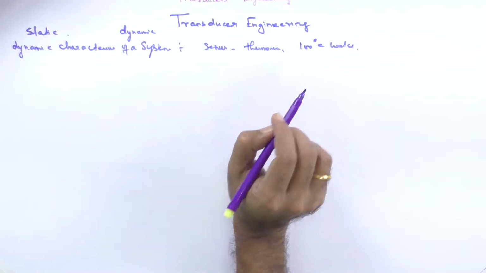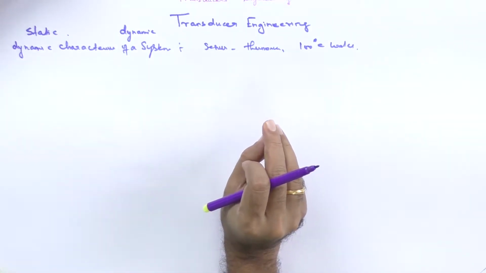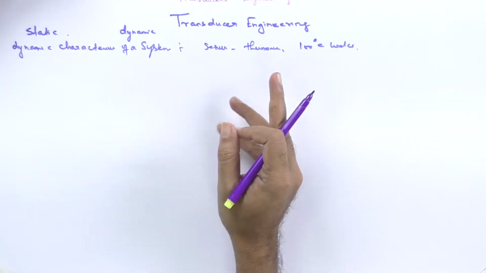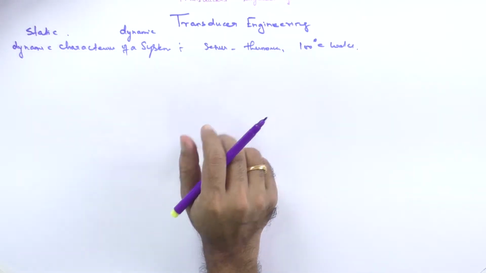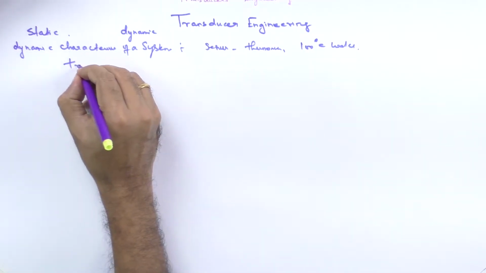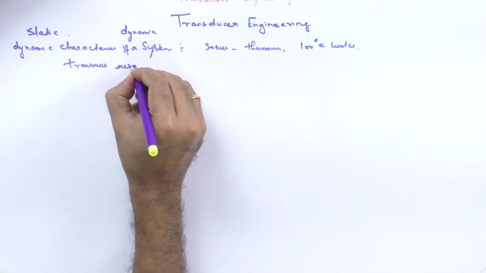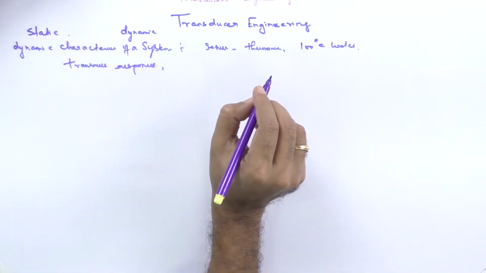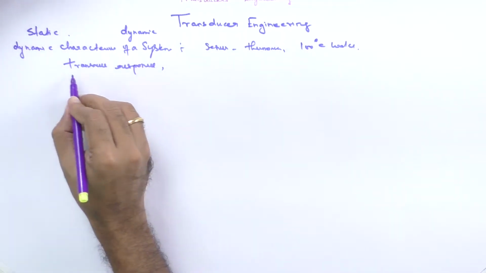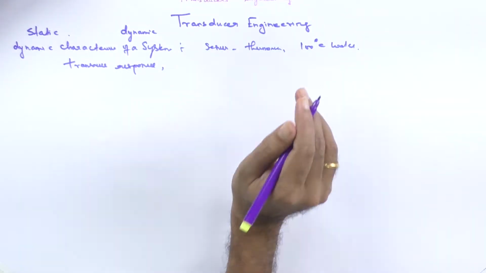Immediately there will be an overshoot of temperature inside the thermometer, so that suddenly it will rise. That is called the transient response. Suddenly a rise will occur inside the system or your sensor. That's called the transient response.